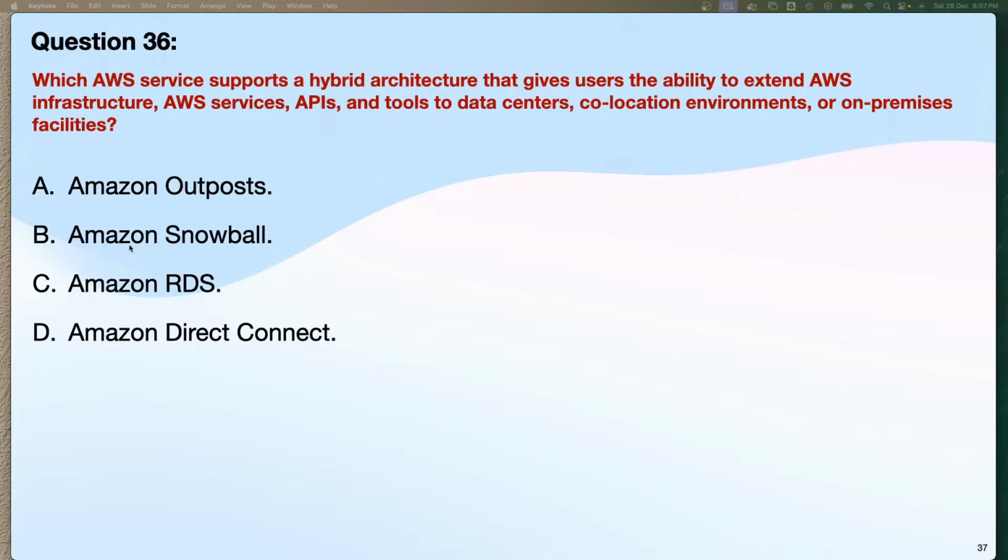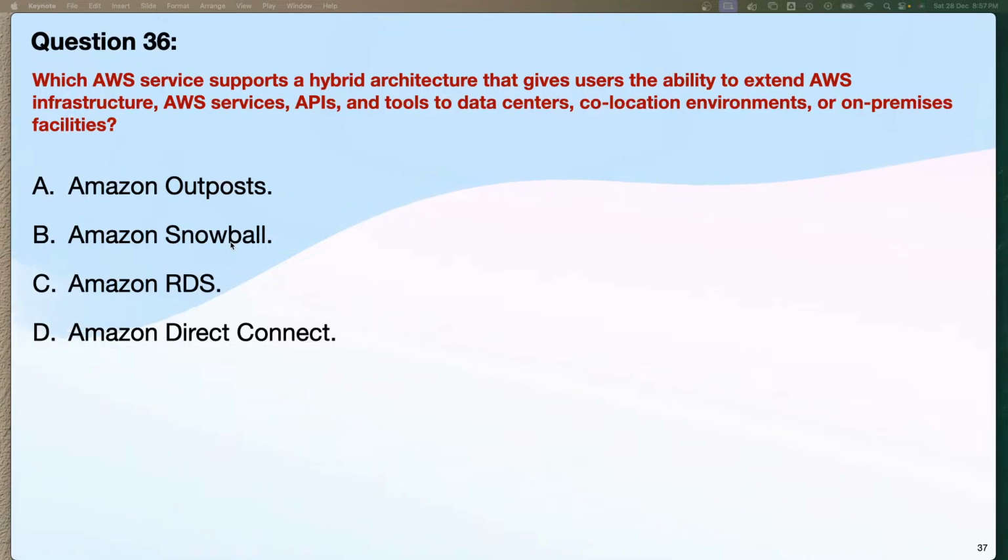And to evaluate the other options, remember this service. If you ever see in the question that you wanted to have your AWS services on your on-prem infrastructure also, Outposts, remember the word. The other options, Amazon Snowball. Snowball is a service where you can transfer data, like pen drives. We transfer data via pen drives from one computer to another computer, right?